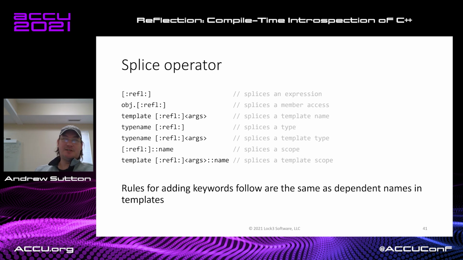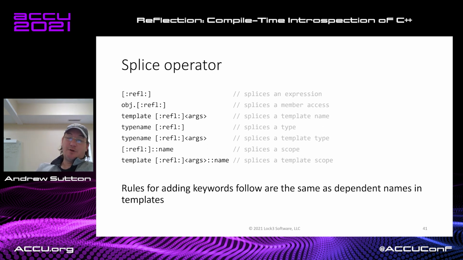If you put the word template in front of it, you're effectively splicing a template name as part of a template ID, like vector event. If you put typename in front of it, you're splicing the type. You can use splices as the front of a nested name specifier, and again, you can put template there also. So basically, you can splice any part of the grammar that you can reflect. That's kind of the rule.